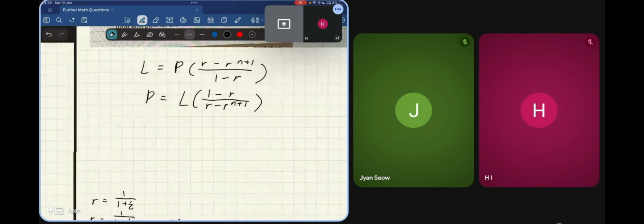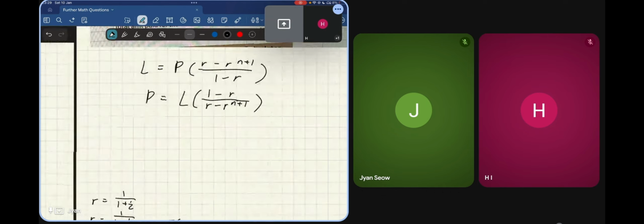So P equals L, which is I7, 1 minus R, which is I4, over R, which is I5, minus R to the power of n plus 1, where n is equal to I4 times 12.